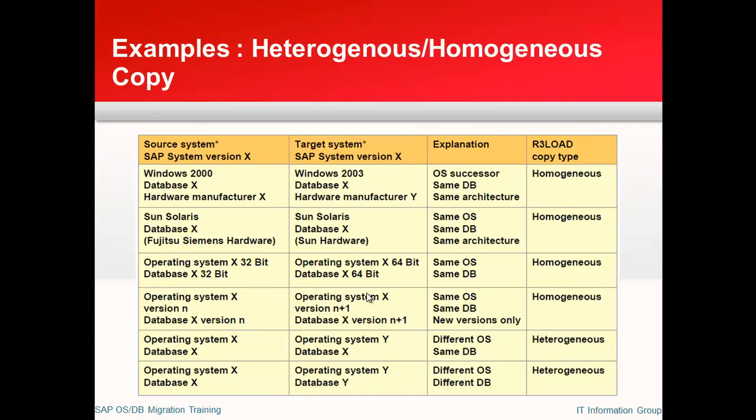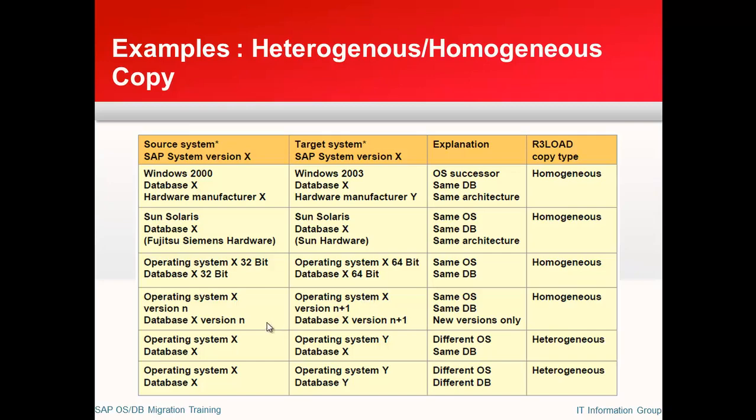Okay, these are some of the examples which show which particular migration you will call a heterogeneous migration, and which you will call a homogeneous migration.